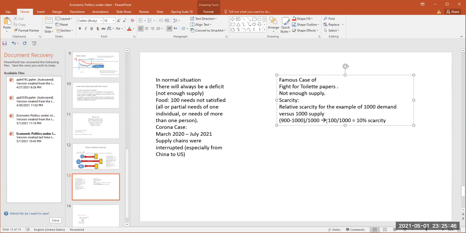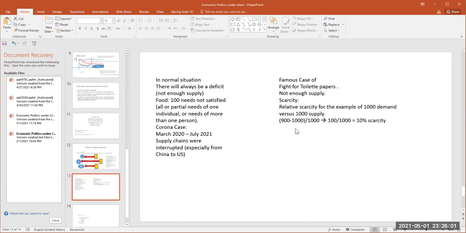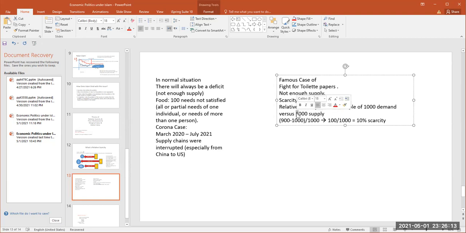Above you have written relative scarcity for the example of 1,000 demand. Yes, I am demanding 1,000 and there is only 900, right? Yes. Okay, so there is relative scarcity of the example 1,000 demand versus 900 supply. So we'll get this back as it was. So that's how they look at it.